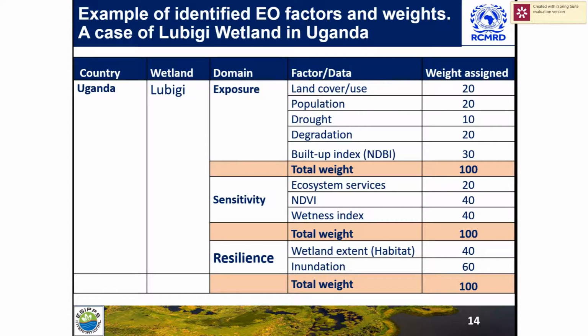So when you add land cover, population, drought, degradation, and built up index, which has already been multiplied by individual weights, you will be able to obtain an exposure layer, and you perform that to the other data sets in the sensitivity and resilience domain.